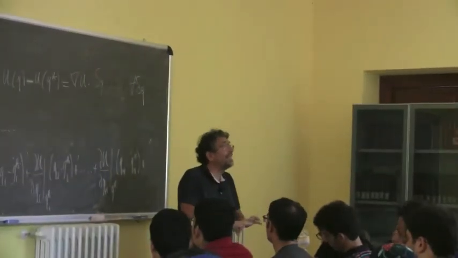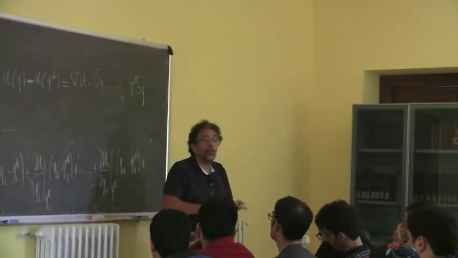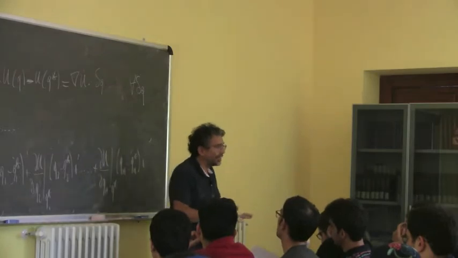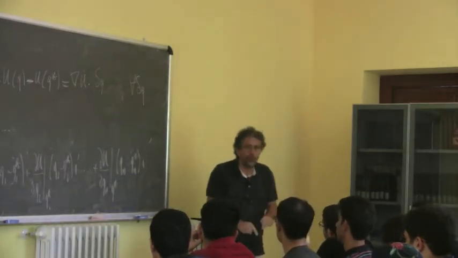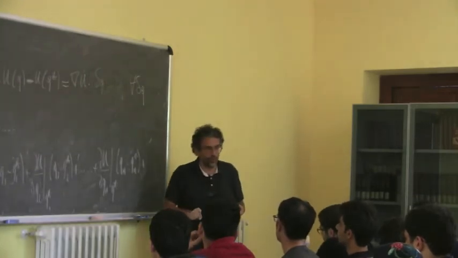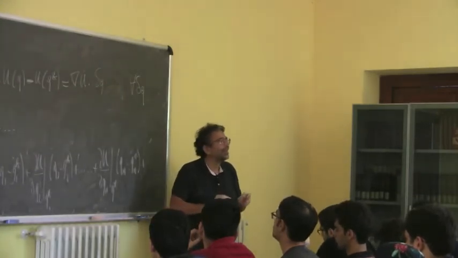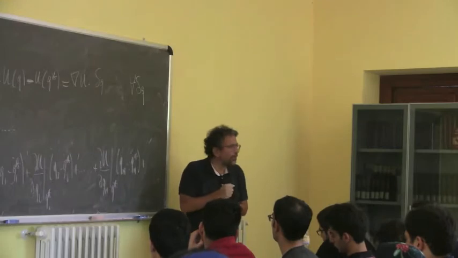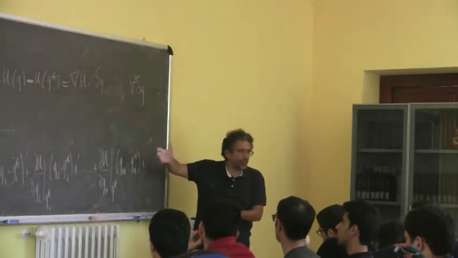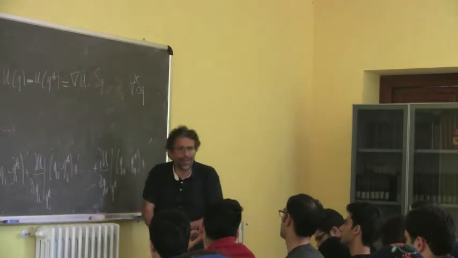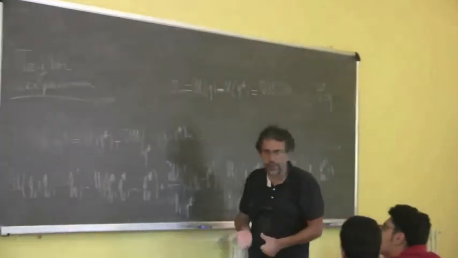If your system is not conservative, you don't have a total energy, you can still keep postulating the principle of virtual work. Do you want to study the equilibrium of a fluid? You have a particular form of the principle of virtual work, you apply it and you get equilibrium of fluids.